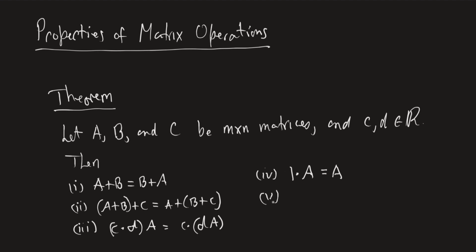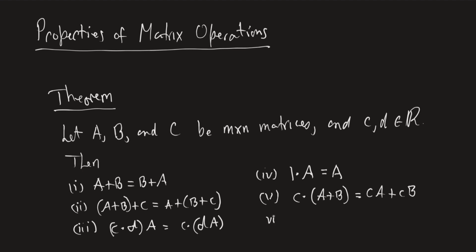Five and six have to do with the distributive property. The first version is probably the more familiar one. If you have your constant or scalar times the sum of A and B, we can distribute the c to both these matrices. So this is cA plus cB.